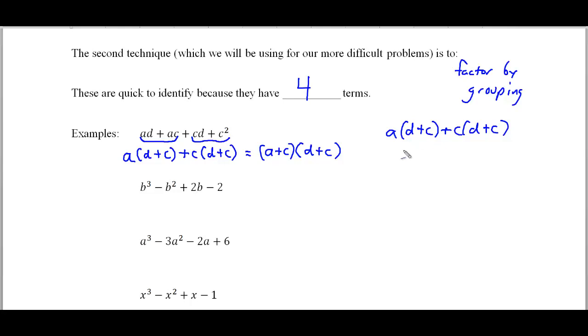If I had A times X plus B times X, that would be the same thing as A plus B times X because of the way that distribution works. Distribution works in this way, like you would have jumper cables going here and here.